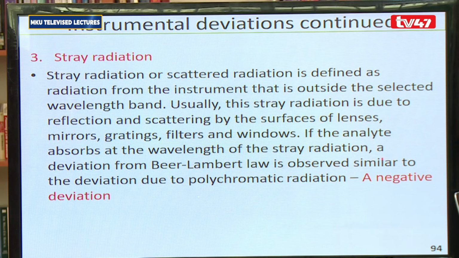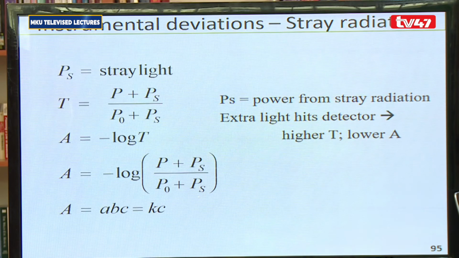Remember, we said the transmittance is P over P naught, but when stray radiation is present, we have to add the component of stray radiation, P subscript S, S for stray radiation.